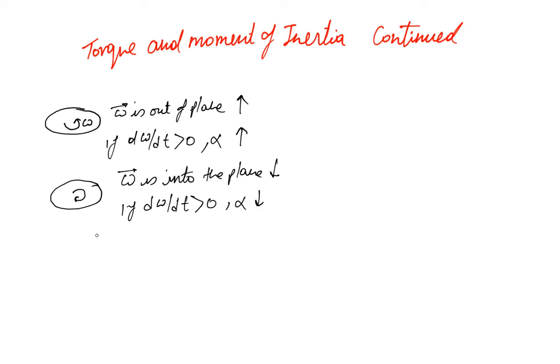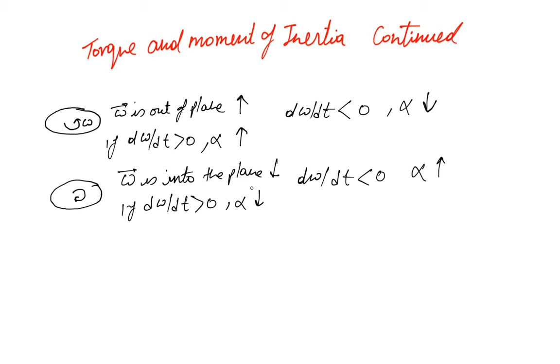You can have other cases also. For this case, if d omega over dt is less than 0, then alpha is inside the plane, and here if d omega over dt is less than 0, then alpha is out of the plane, similar to the case when we discussed velocity and acceleration.